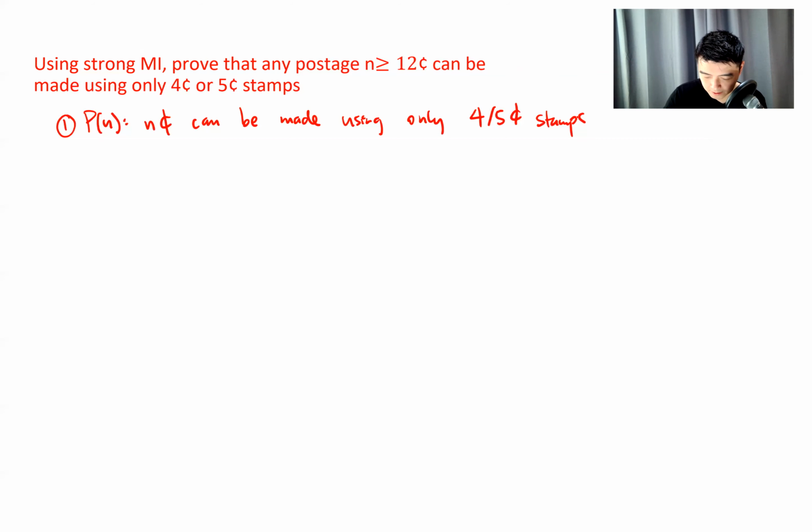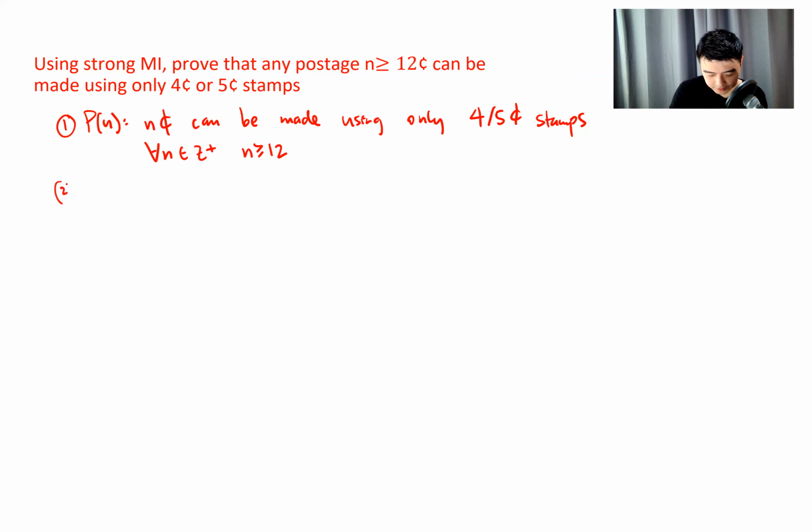Now, this proof is going to be proven for all n greater than or equal to 12. Okay, so n is in Z plus, and n is greater than or equal to 12. Okay, so this is the universe that we're working on. So the smallest value that I need to consider is 12.